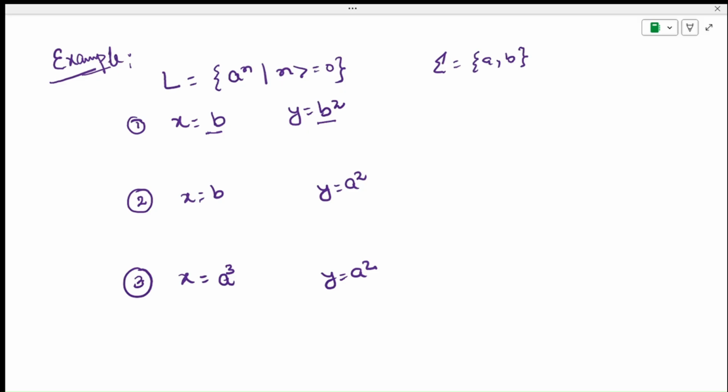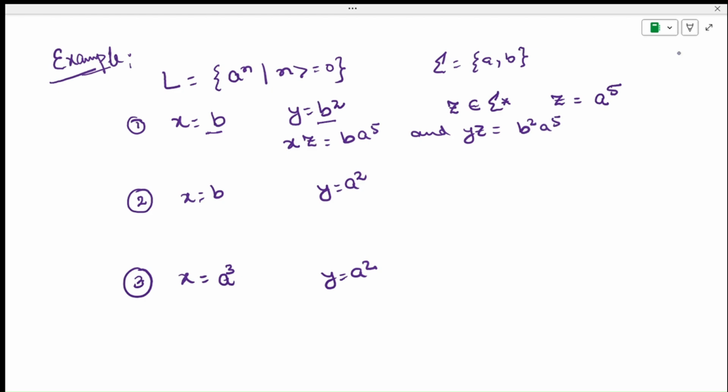What I will do is take one string z that also belongs to sigma star. Suppose this z is a raised to the power 5. Now concatenate this z with x and y both. So xz is b followed by a raised to the power 5, and yz is b square followed by a raised to the power 5.